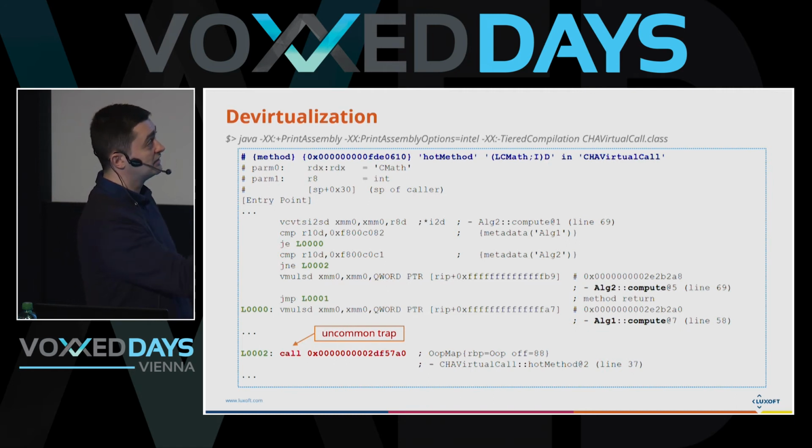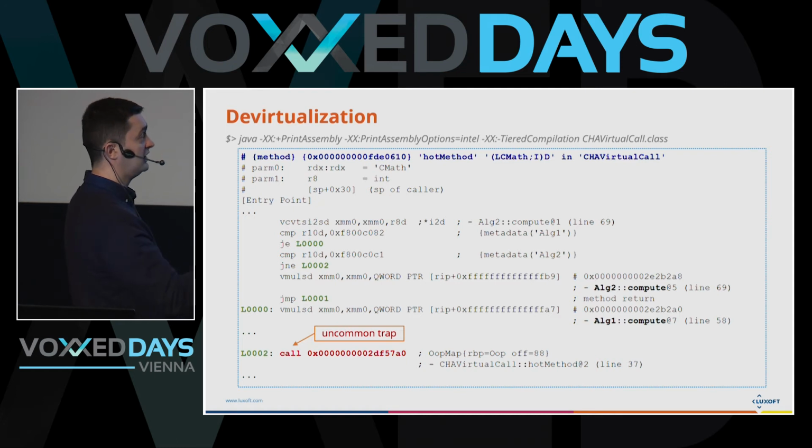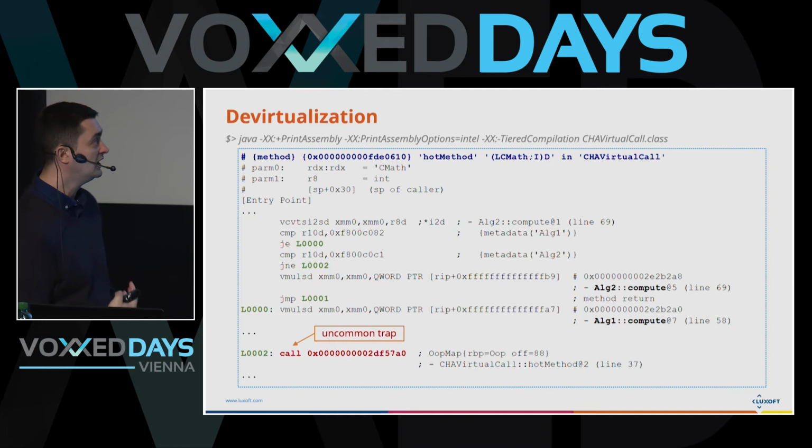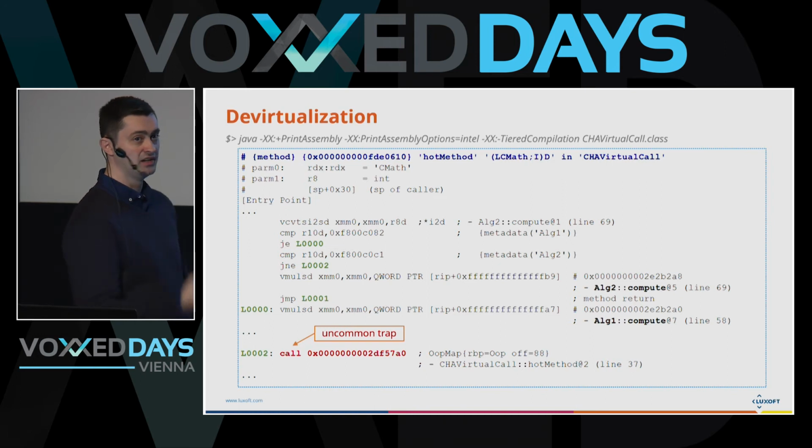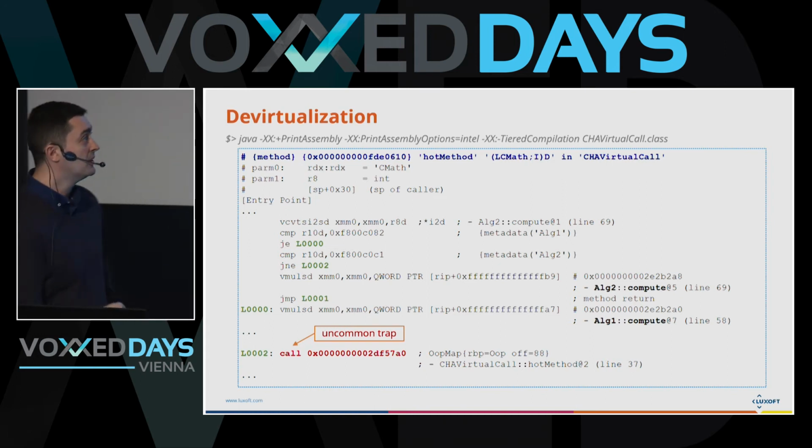For example, it checks if the instance is of type ELG1, in this compare. If it is, it jumps in here and does the multiplication. If not, it compares with ELG2, and if it is not that either, it jumps in here and triggers the uncommon trap. So if the instance is neither ELG1 nor ELG2, I have to trigger the uncommon trap. But if the instance is of type ELG1, it does this multiplication.